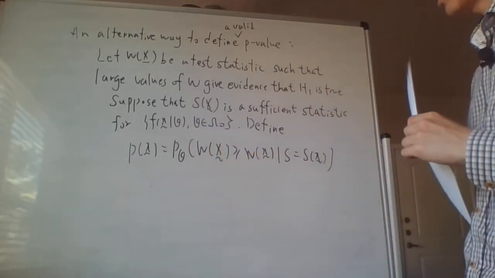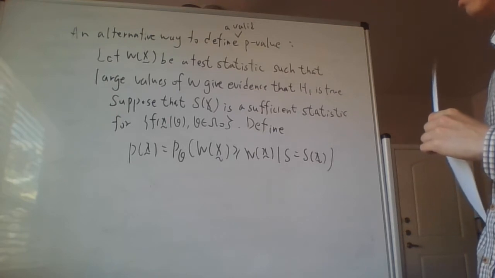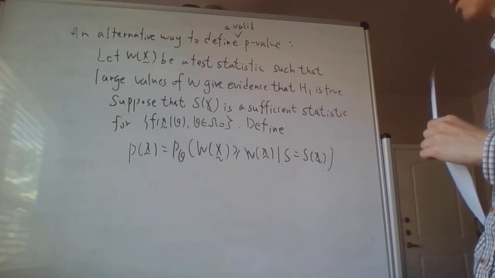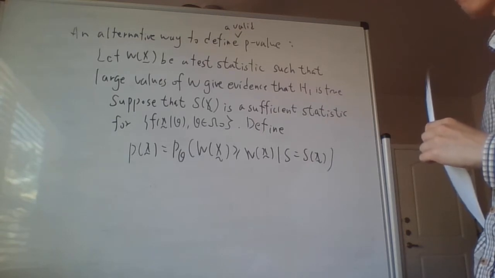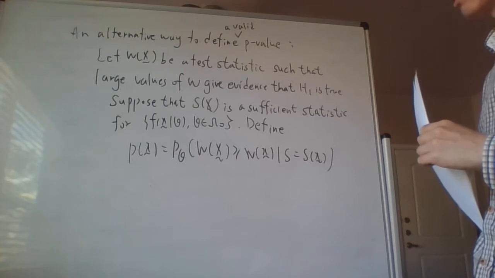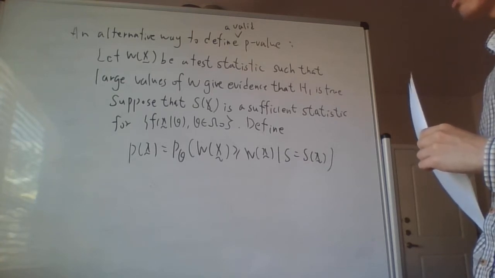If we define p(x) equal to the probability that W(X) is greater or equal to W(x), given S equal to s(x), then it is also a valid p-value. So you can define the p-value by using the sufficient statistic.